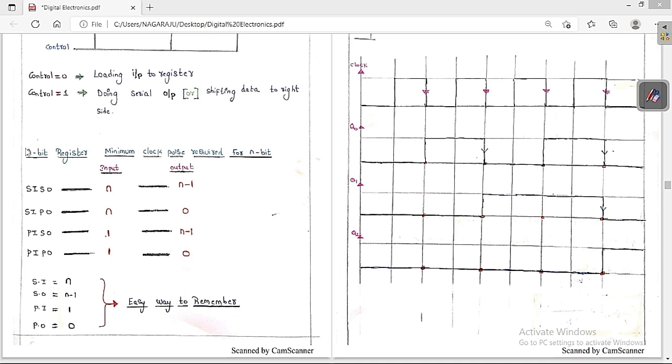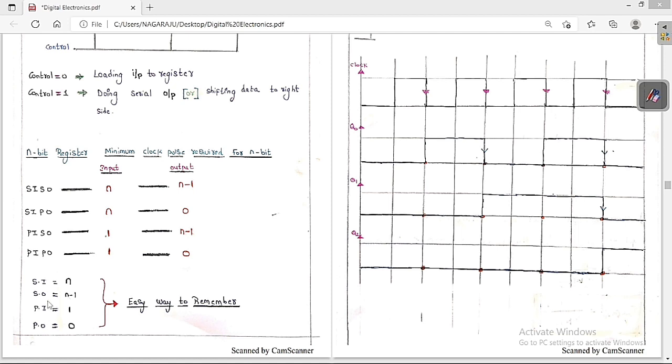So listen carefully. For an n-bit register, the minimum number of clock pulses required to transfer n-bit data: if serial input, we need n number of pulses to transfer the n-bit data to the n-bit register.